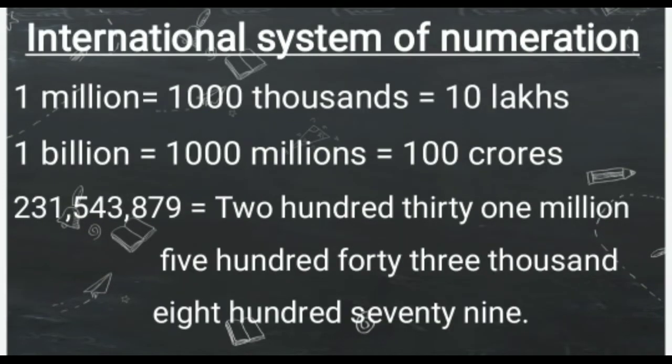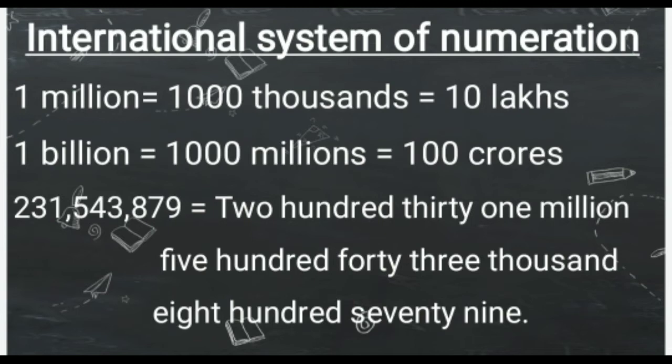In the international system of numeration, 1 million equals 1000 thousands and 1 billion equals 1000 millions. So millions and billions are used to write the names of large numbers. 1 million is equal to 10 lakh in the Indian system, and 1 billion equal to 1000 millions is 100 crores in the Indian system. In the international system, we put all the commas after every 3 digits from the right.